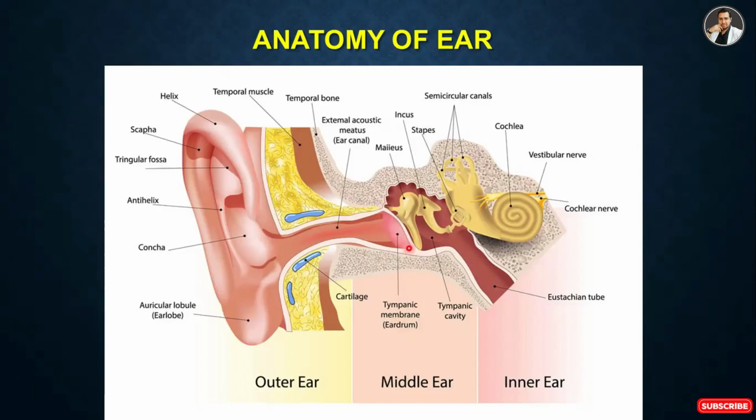The membrane can be infected over time. The membrane can be broken. The membrane can be damaged. There is no problem in the middle ear and outer ear, but the eardrum is infected and the sound is not heard.